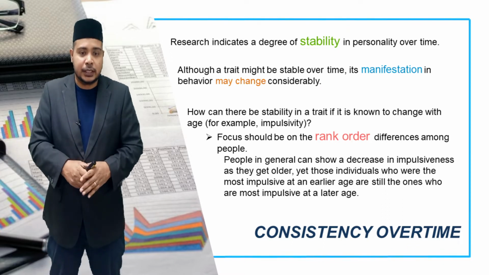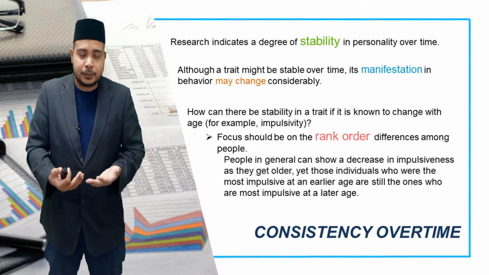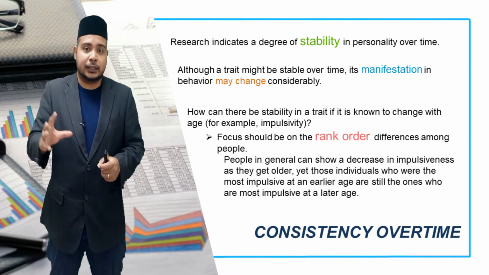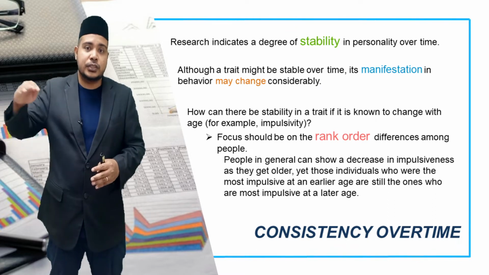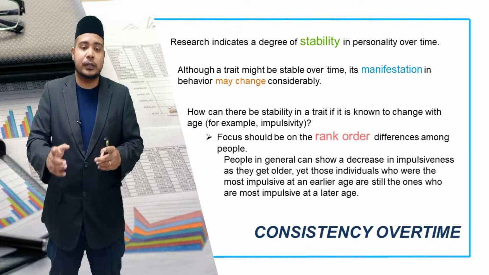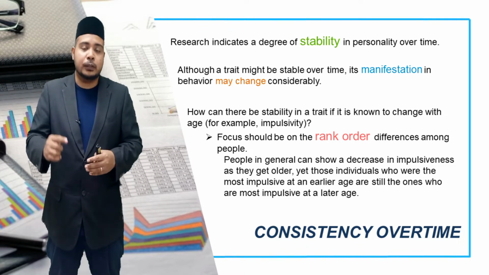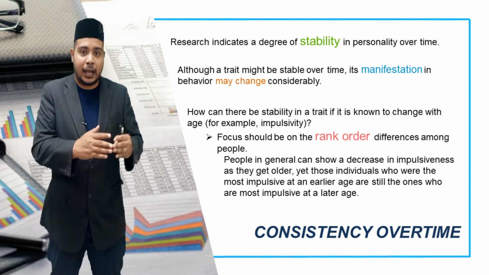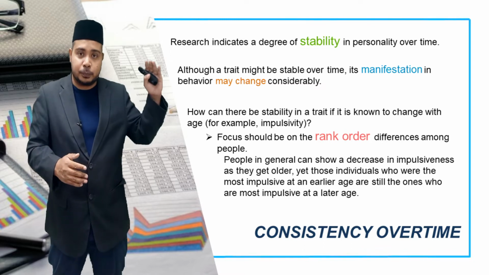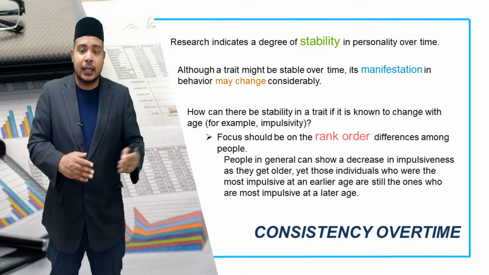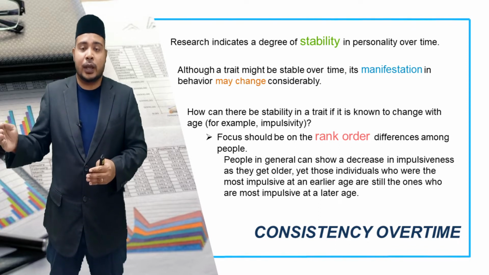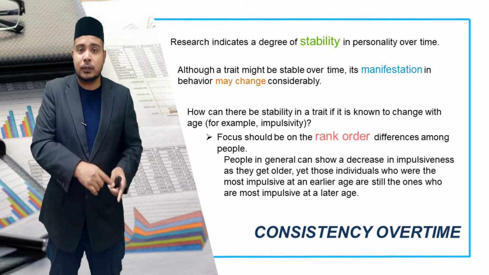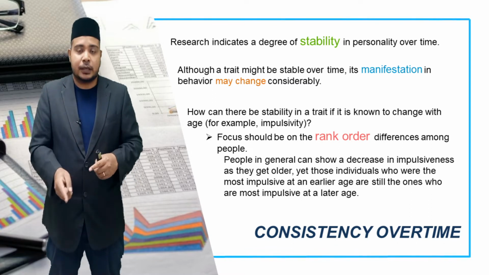So when people question how stability happens for personality traits affected by this growing up process, the concern is on the rank order. People who have a high personality trait when they are young will still have a high one, even though not as high as previously, but still higher compared to the other person who has a lower trait. Compared to person A and person B at 15 years old, person A has a 90 score, person B has a 60 score.